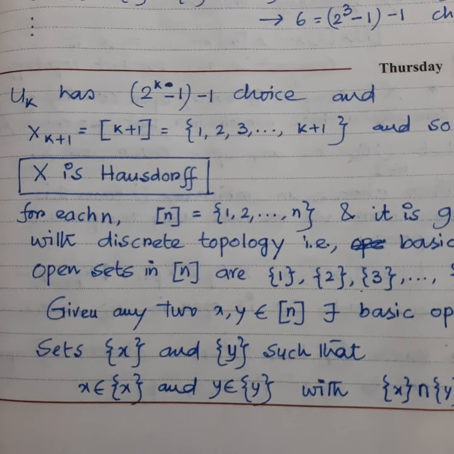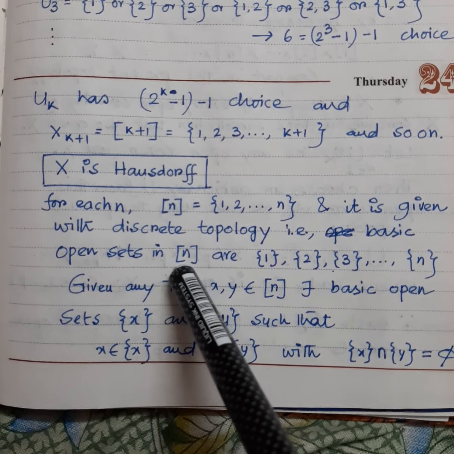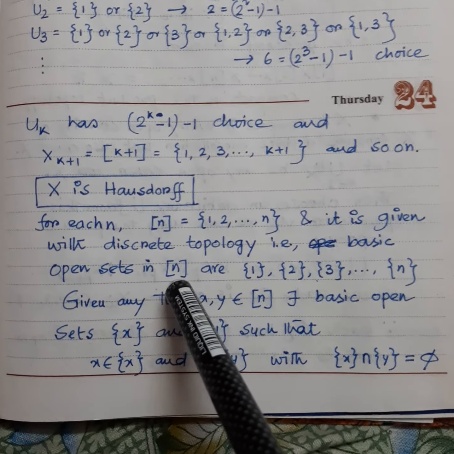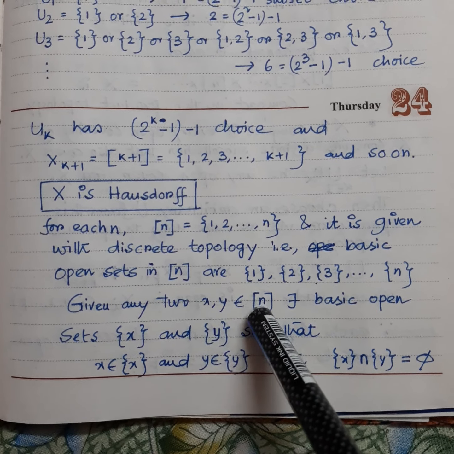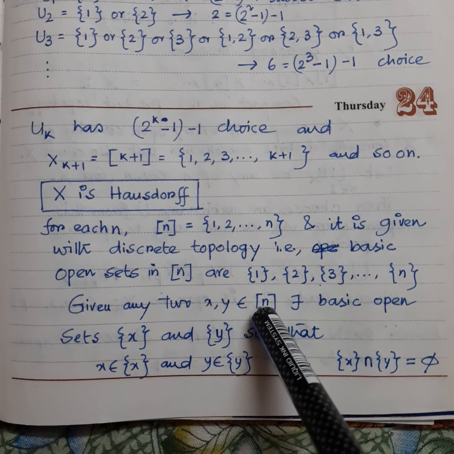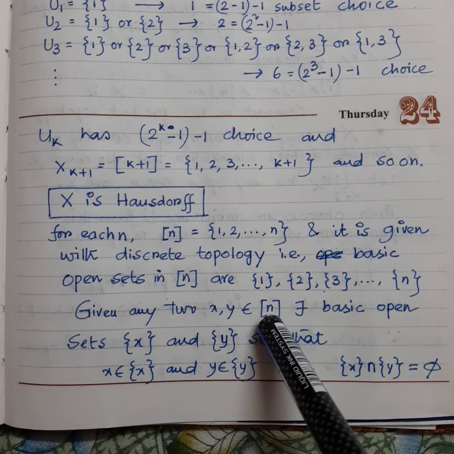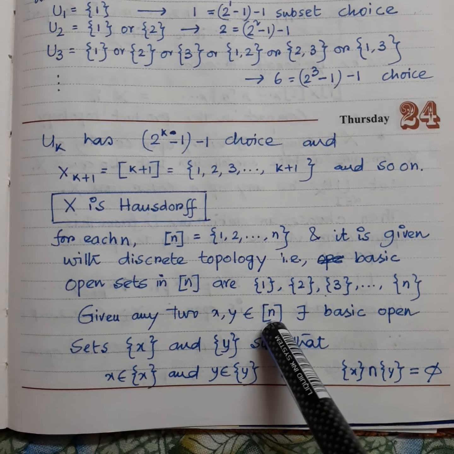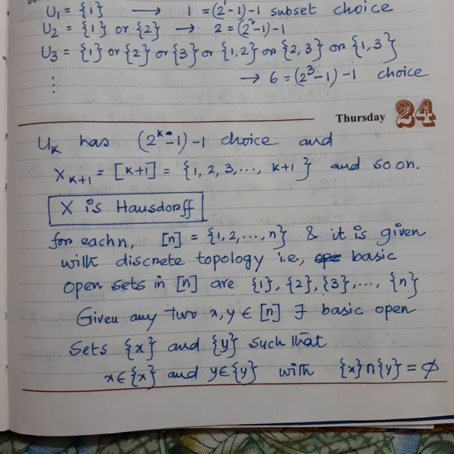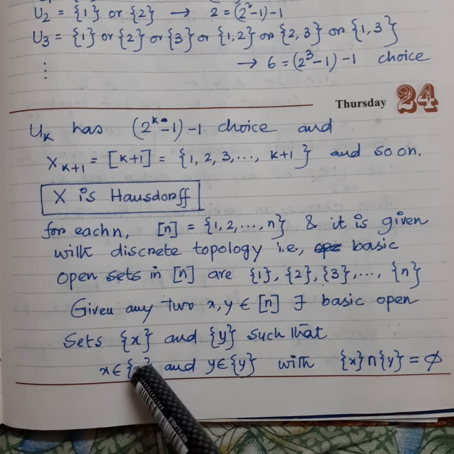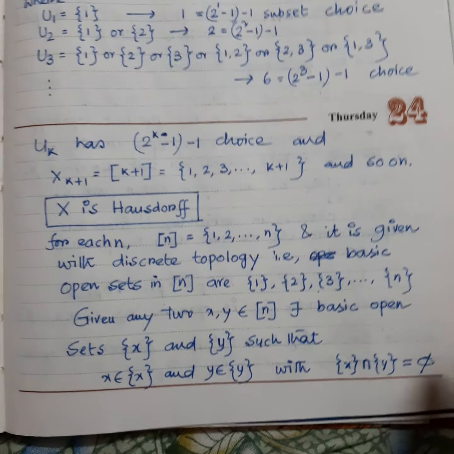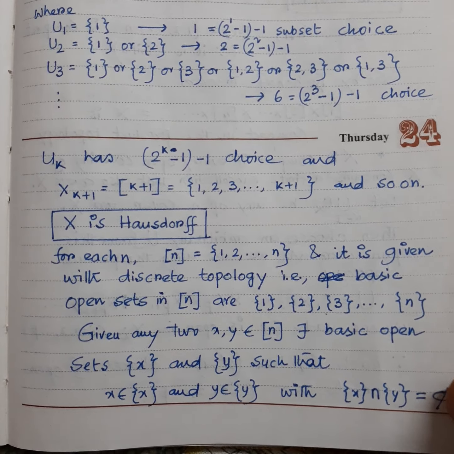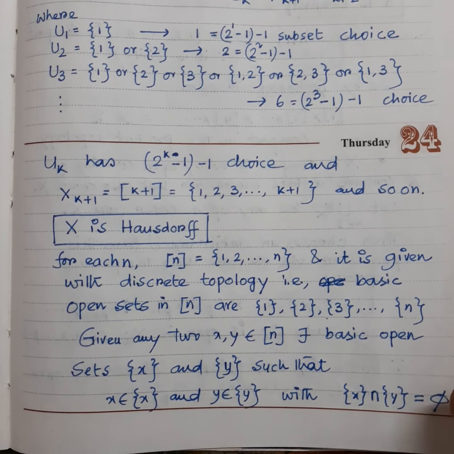Now to prove that for each n the box n is Hausdorff, we take any two arbitrary points from the box n, say x and y. Then obviously there always exist two basic open sets in the discrete topology, singleton x and singleton y, containing the points x and y such that their intersection is empty, which proves that box n is a Hausdorff space.